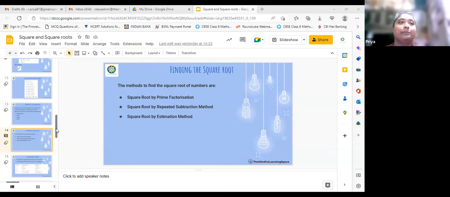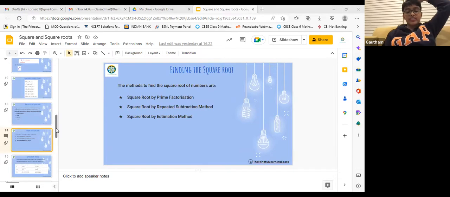So what do you do for numbers other than perfect squares? I don't even know if numbers that are not perfect squares have a square root. If it is a big number, how do you think you can find it?